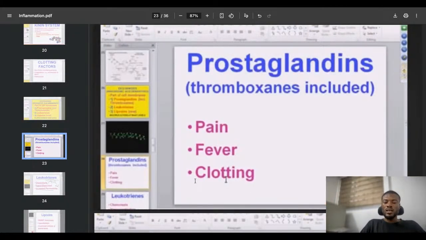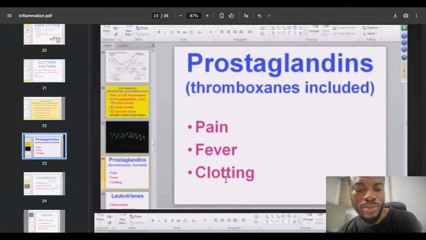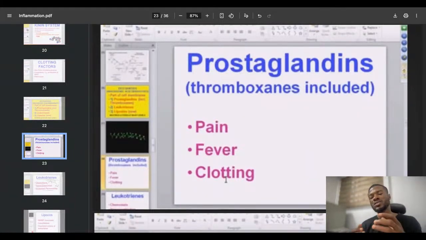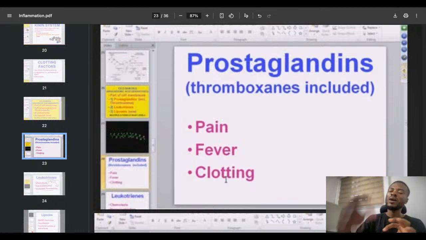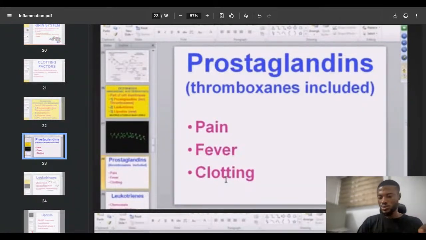So prostaglandins cause what? Clotting. And why do we need clotting? We need clotting because when the blood clots, or becomes more viscous, when the thickness or consistency of the blood becomes thicker, that is when blood movement through that vasodilated segment of capillaries where the inflammation is happening will slow down, so that we can accumulate more plasma proteins and more white blood cells to carry on with the inflammatory response.